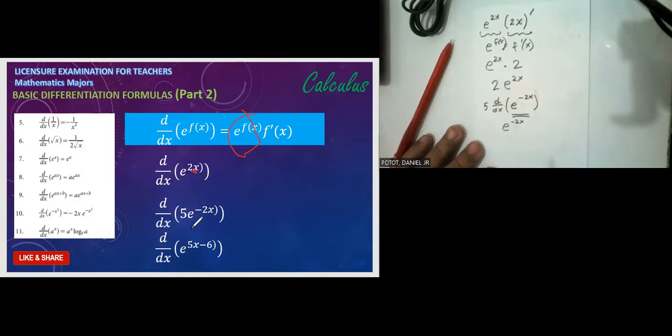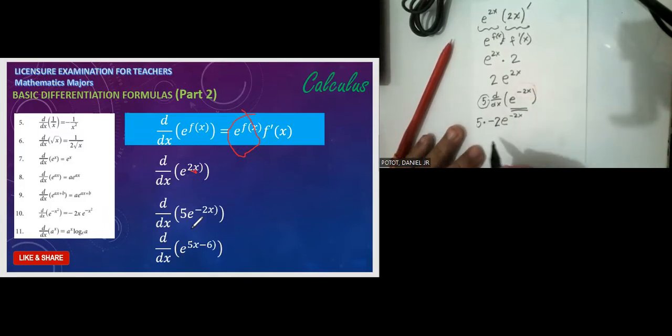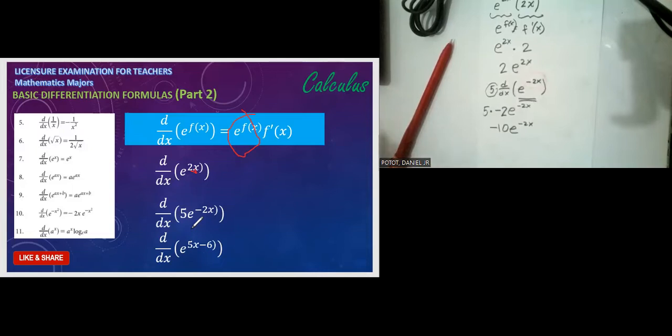Now, to make it easy, you multiply times negative 2 and just put it outside there. But please don't forget that we have the 5 outside. So basically, that is 5 times this one, which will give you negative 10 e to the negative 2x. So that is the answer for that one.